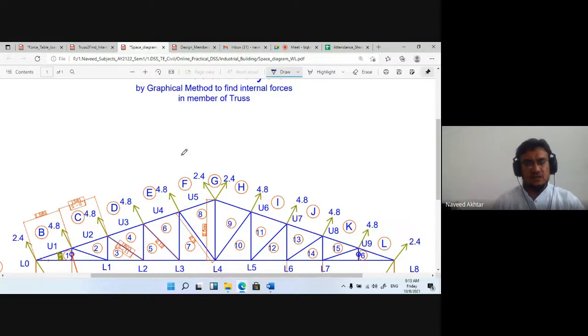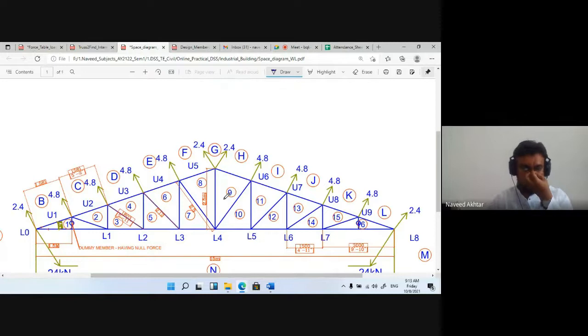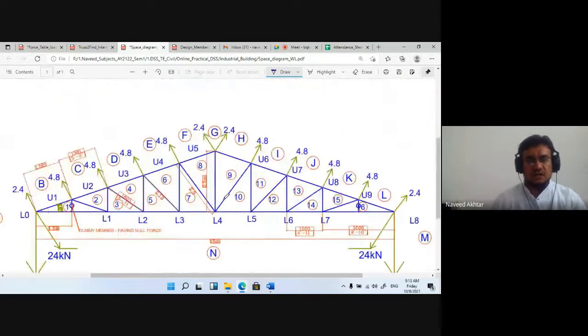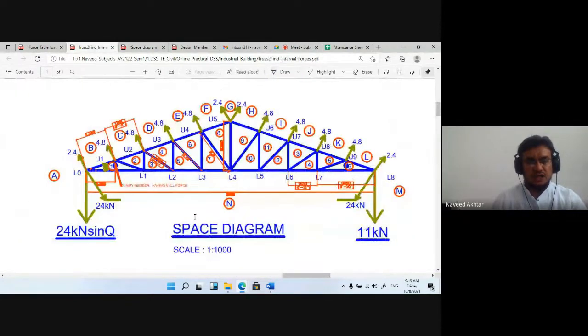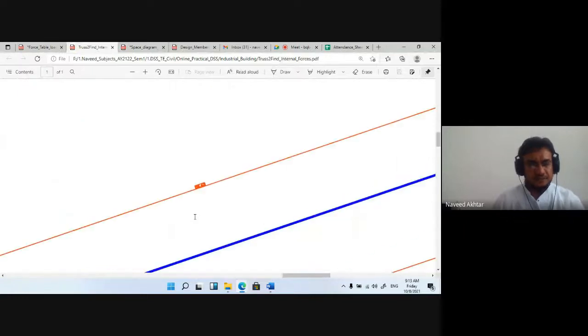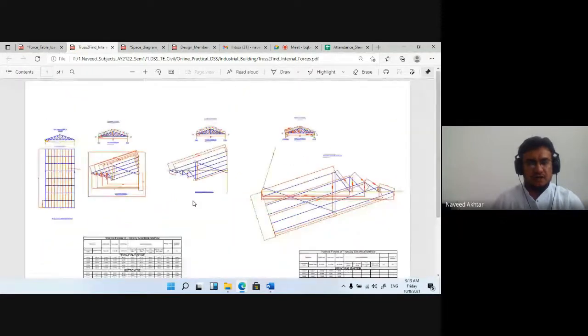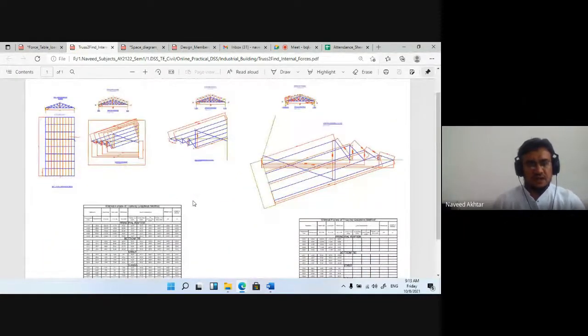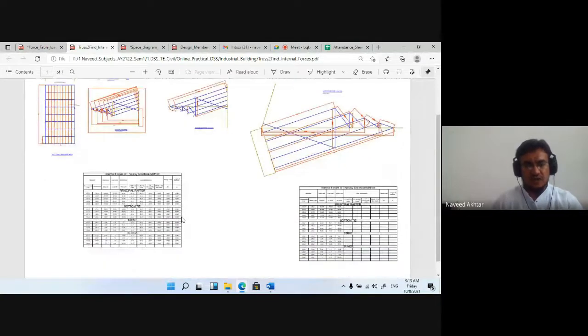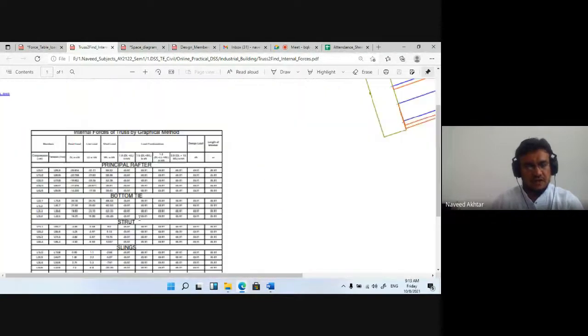These are the internal forces on the members of the truss. We found them using the space diagram and the vector diagram, and this force table has been completed.